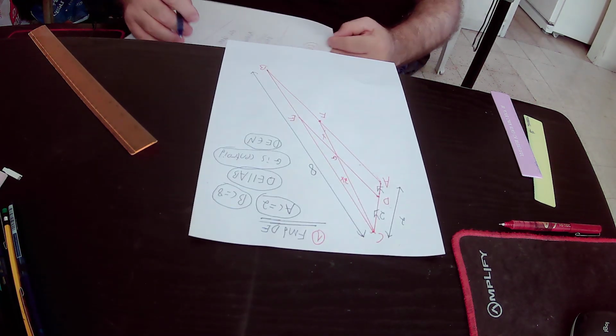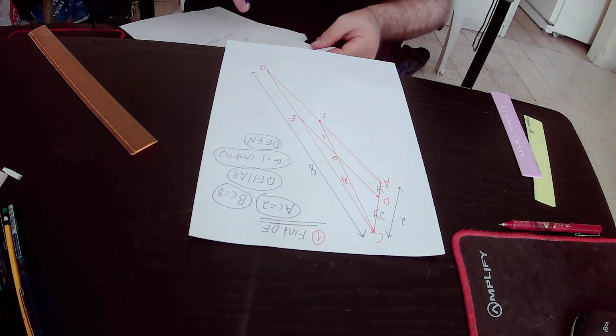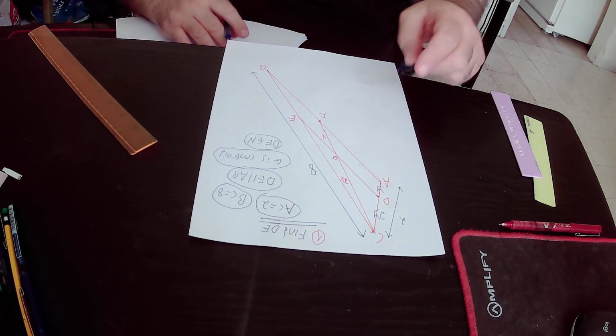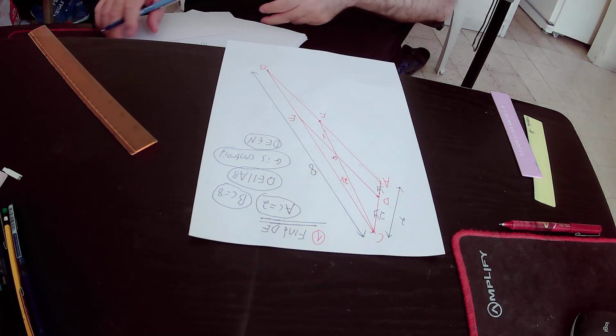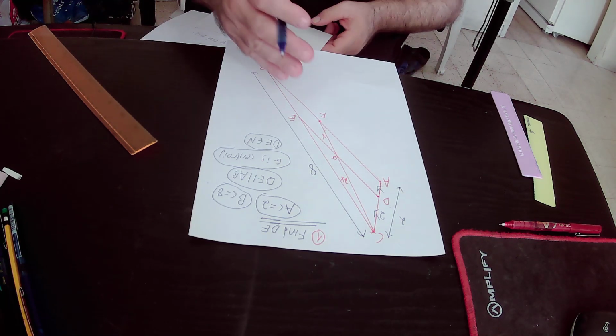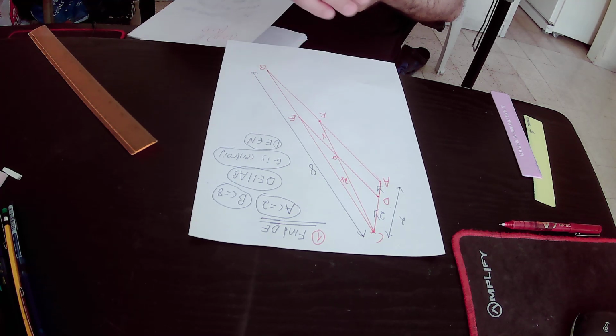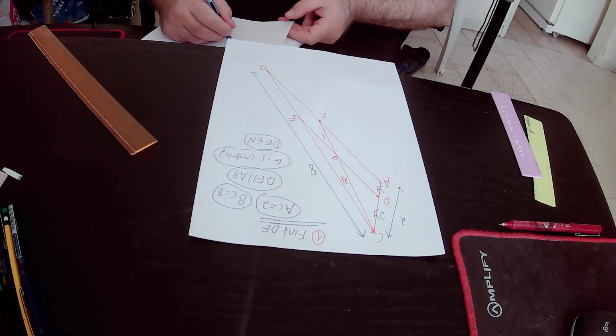And again, we can implement this rule in our drawing because we know that DE is parallel to AB. So we have two lines that are parallel to each other.